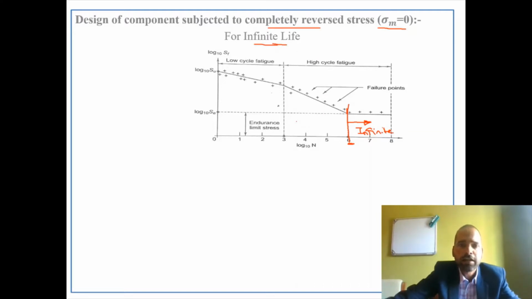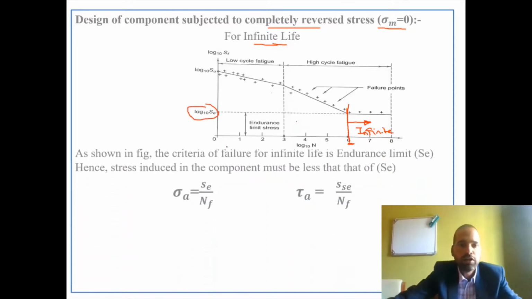Now for infinite life, the criterion of design is Se. Hence, the stress equations are: if it is a direct stress, that means if any component is subjected to sigma T, sigma C, bending stress, bearing pressure, these are all direct stresses, which are indicated by sigma.